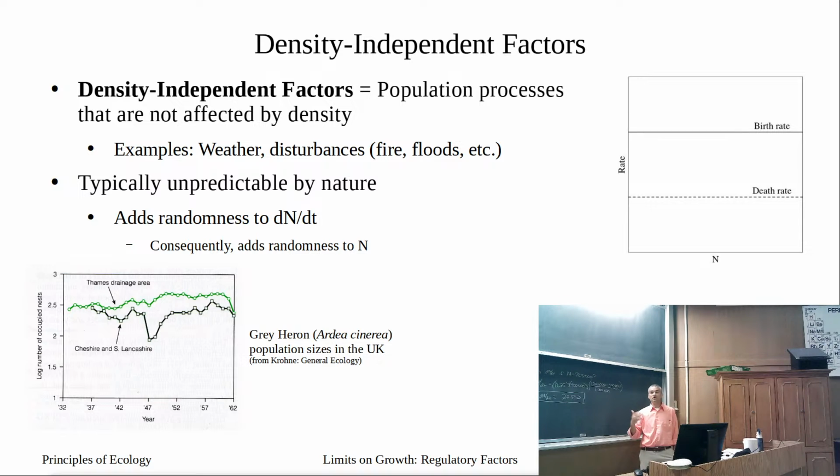The regulatory factors work the same way if you have 1 million individuals at our carrying capacity, or if you have 10 individuals. Our density-independent factors are those population processes that are not affected by the density of our population. The best examples are weather and disturbances, because these things affect our population regardless of how large or how small it is.